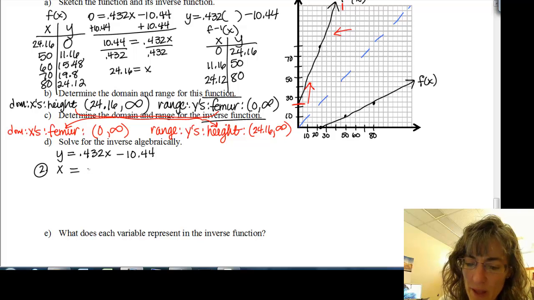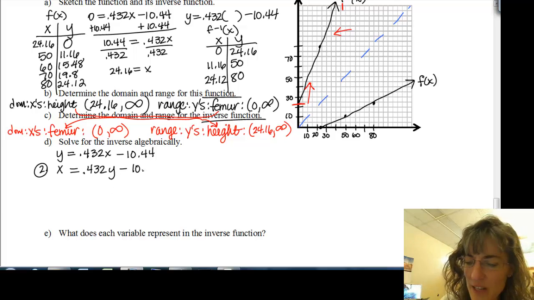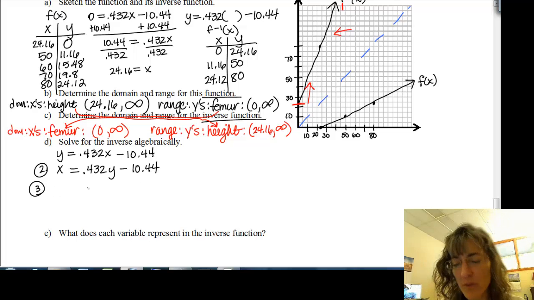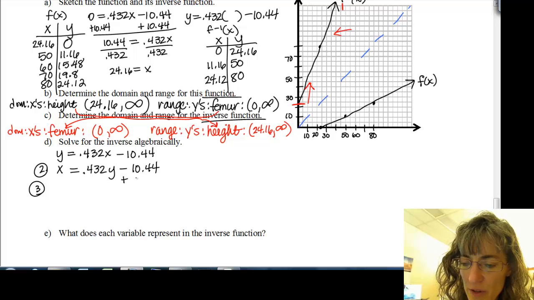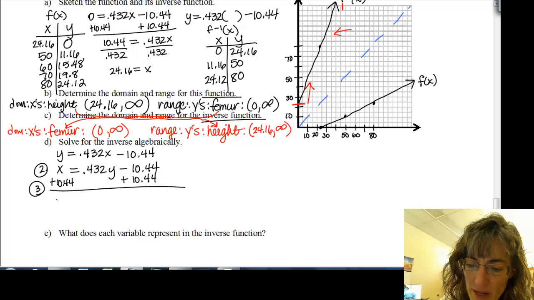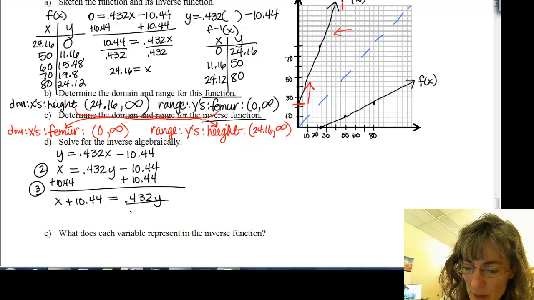So then we're just going to jump to the second step, which is to swap the variables. 0.432x minus, now that one's y, minus 10.44. And then the third step, we want to solve for the y. So I'm going to do the first thing, add the 10.44 to both sides. And I get x plus 10.44 equals 0.432y.